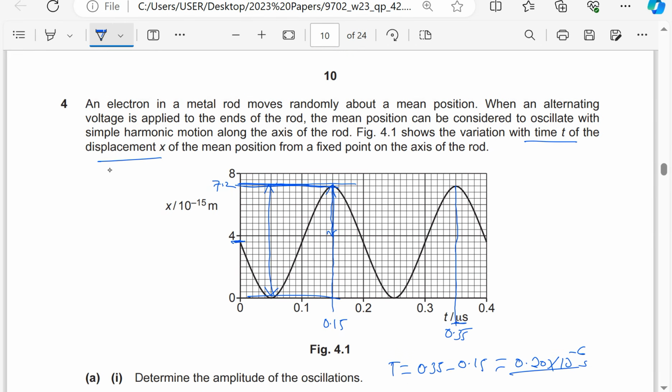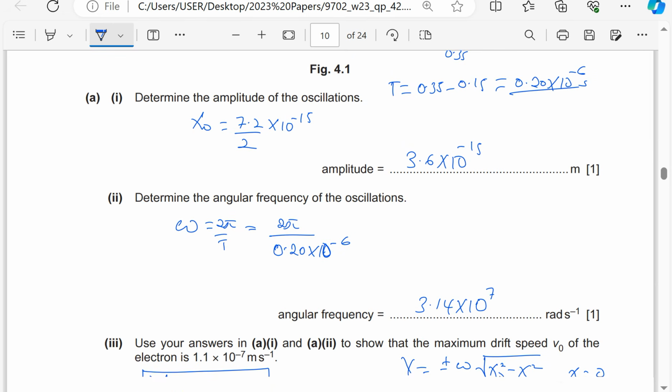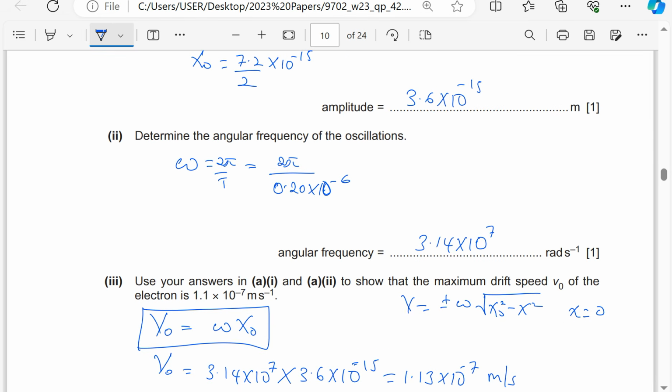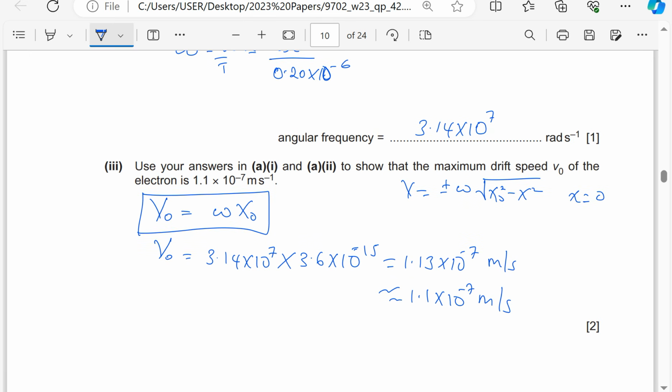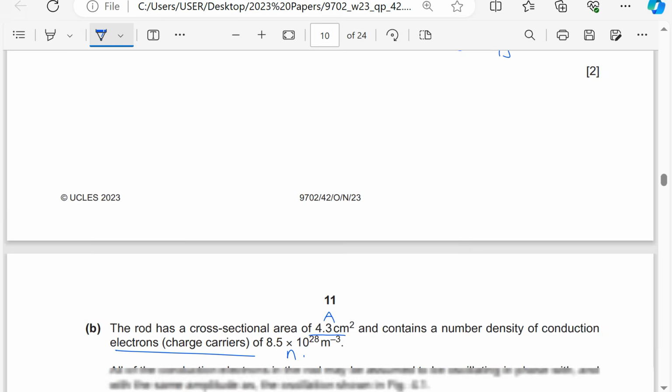When an alternating voltage is applied to the ends of the rod, the mean position can be considered to oscillate with simple harmonic motion. The figure shows the variation of the displacement with time t. Use the amplitude of the oscillation and the angular frequency to show the maximum drift speed.